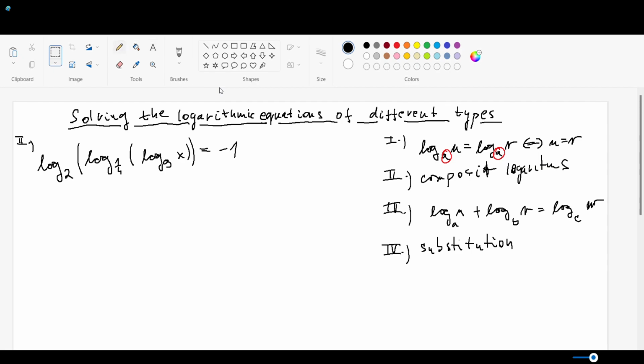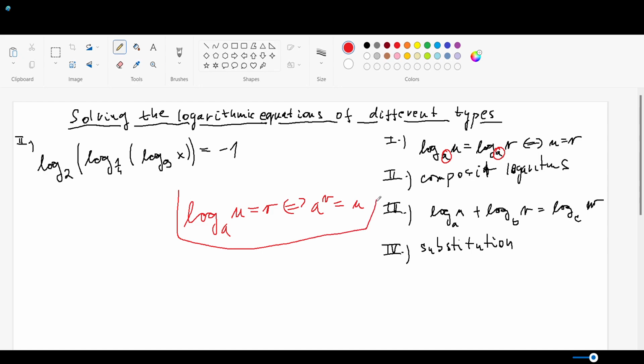What is needed here and what is important is to get rid of all the logarithms based on the definition of the logarithm, which says that log base a of u is equal to v if and only if a to the power of v is equal to u. Okay, this is what we are going to use when we solve this equation. Okay, so let's start with this one.